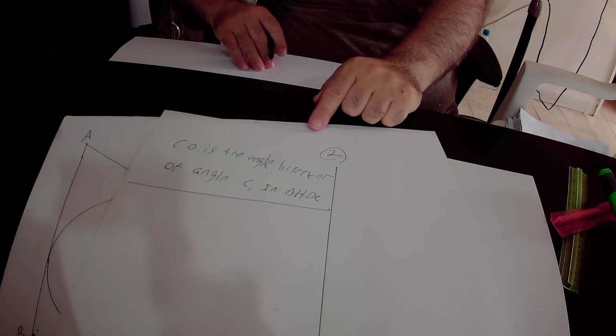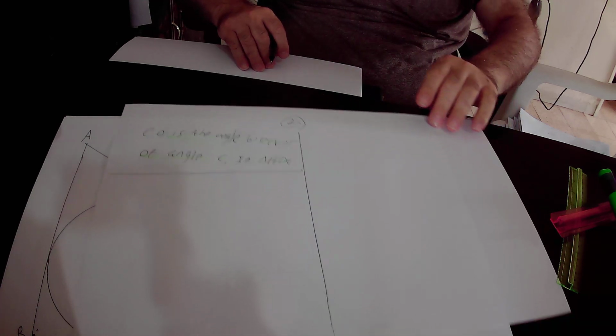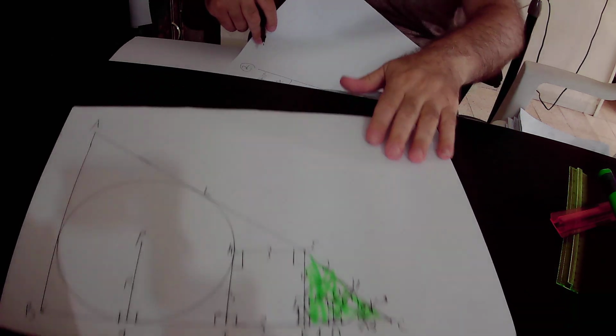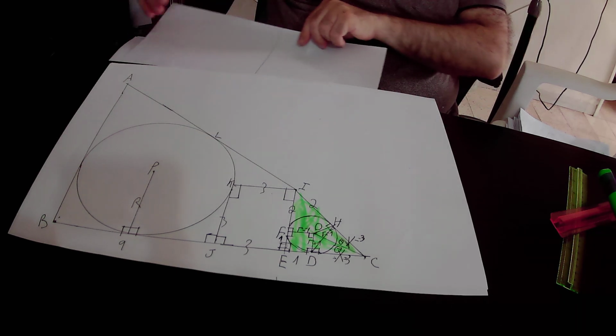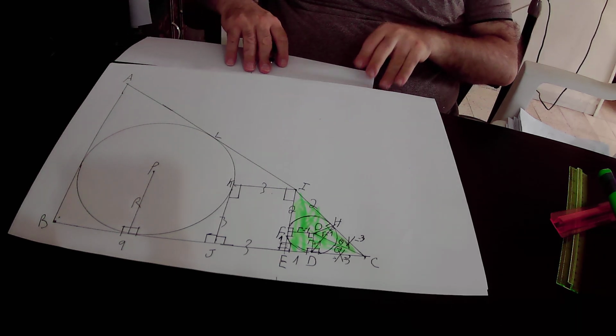CO is the angle bisector of angle C in triangle HDC. Why? Because it bisects angle C into two halves. Each half equals theta. Okay.